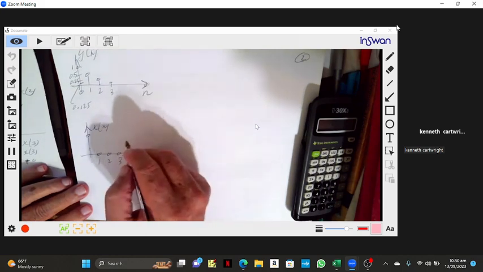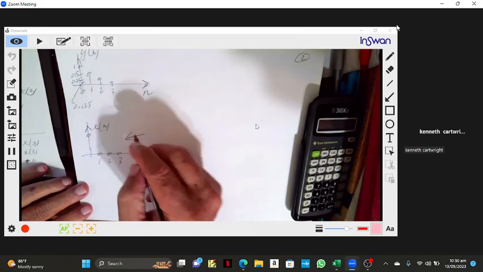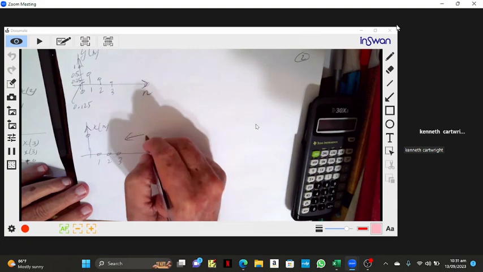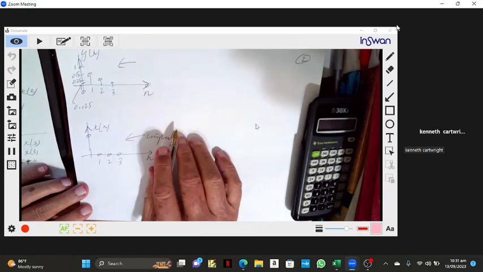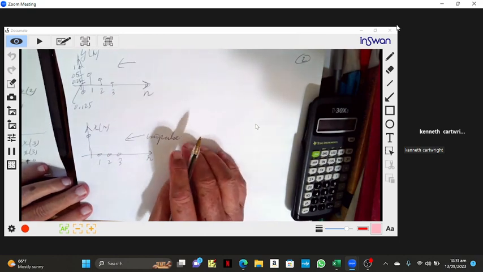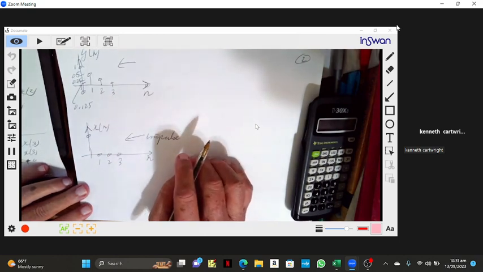If the input's impulse, what's the output called?